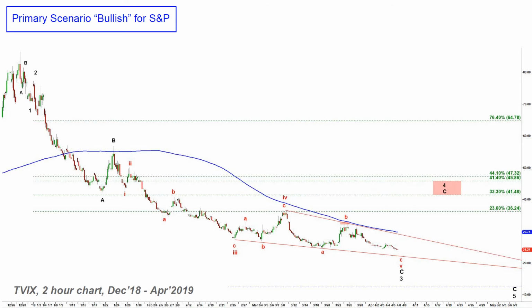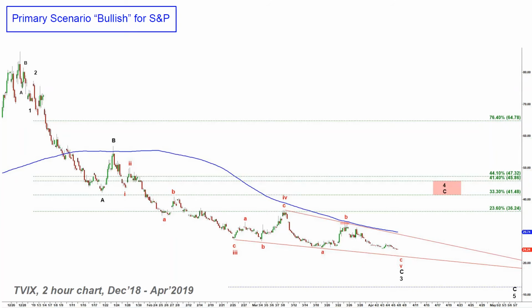Finally, let's look at TVIX. As you may know, I'm a big fan of watching TVIX in order to confirm counts of SPY and S&P 500. And again, we are looking at the very same structure, but inverted structure of the top in December 2018.